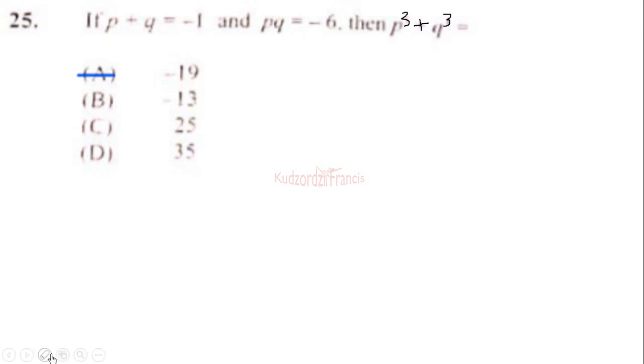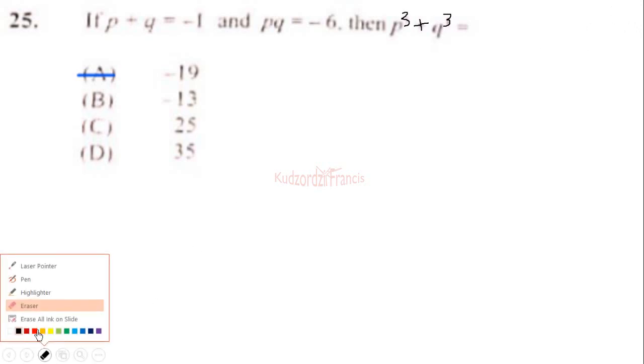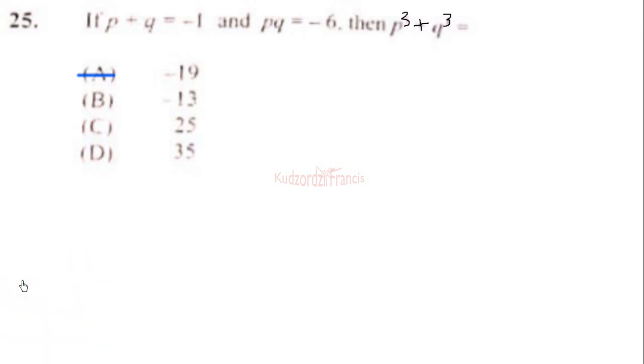So we solve simultaneously. This is equal to -1. So we make one of them the subject. So from this we have P is equal to -1 minus Q. Now let's plug this into this.